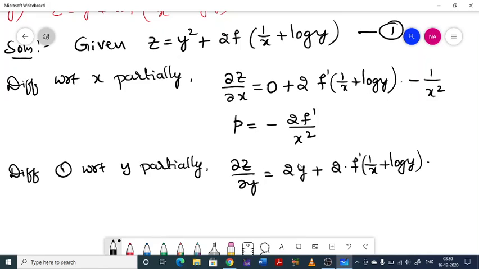Derivative of 1 by x will be 0 because we are differentiating partially with respect to y. So x is constant, 1 by x is constant, differentiating that I will get 0. Derivative of log y, you get 1 by y. So from this I will get q equal to 2y plus 2 by y into f dash.